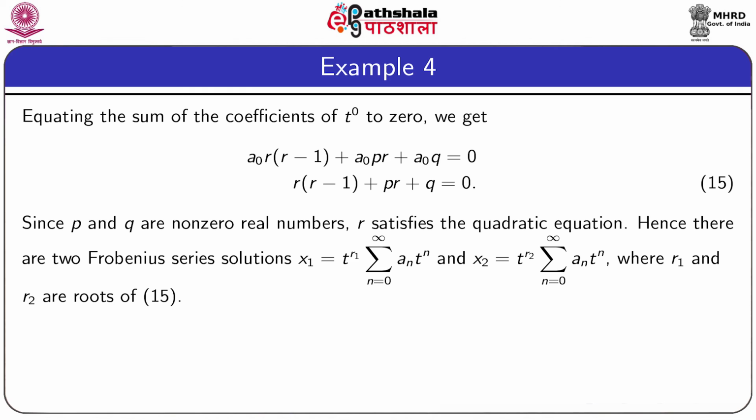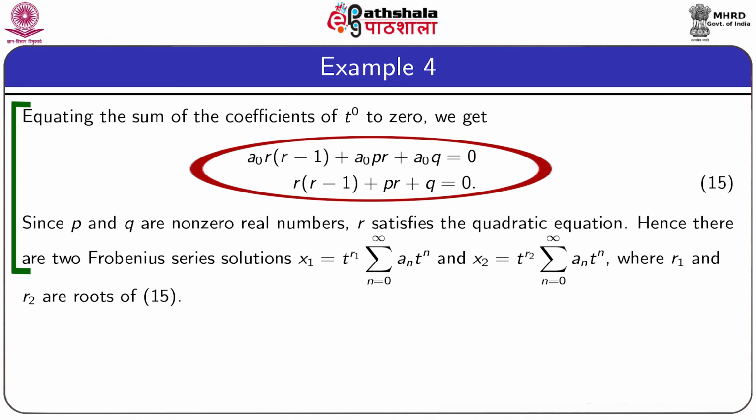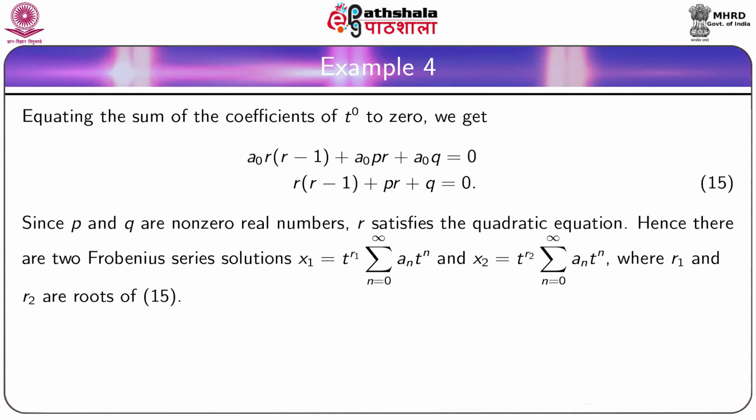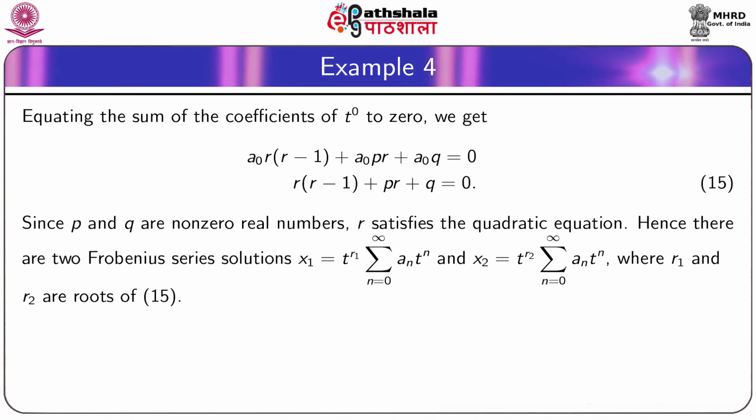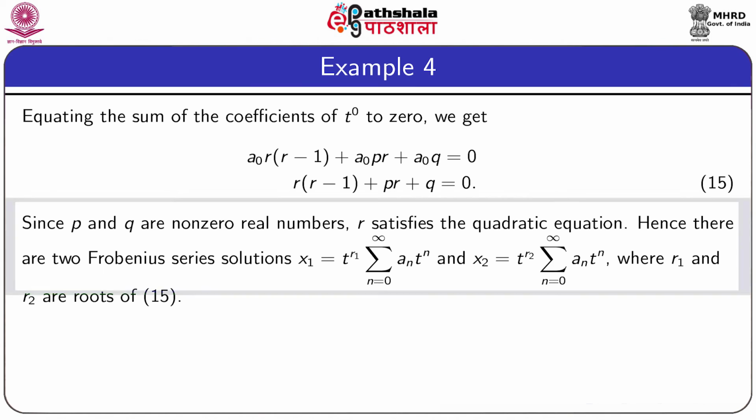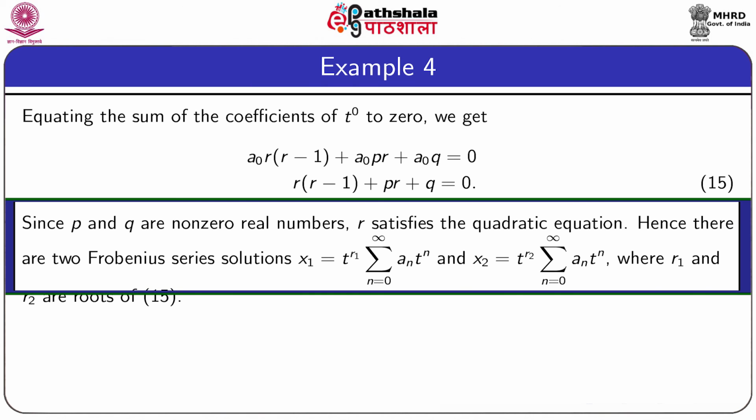Equating the sum of coefficients of t to the power 0 from both sides, we will get a0 into r(r minus 1) plus a0 into p r plus a0 into q equal to 0, which will imply r(r minus 1) plus p r plus q equal to 0. Since p and q are non-zero real numbers, r satisfies the quadratic equation.